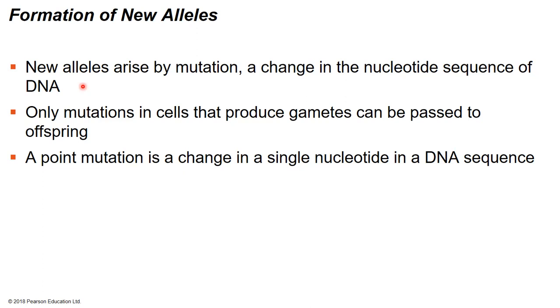Okay. Now, if these mutations happen in the germ lines, so germ lines are the cells that are responsible for producing gametes, sperms and eggs.